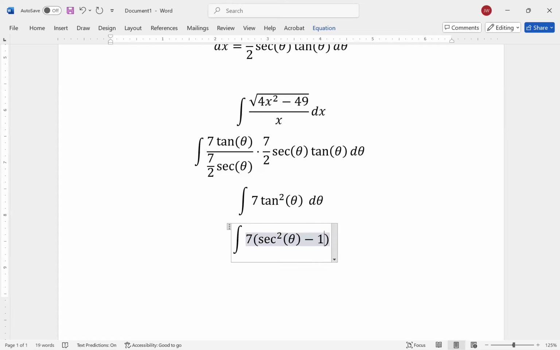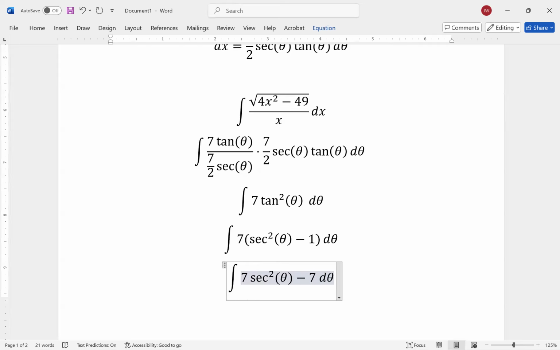So when I distribute, I'm going to get 7 times secant squared minus 7 integrated with respect to theta. I'll put parentheses just so we know that that whole thing's being integrated.